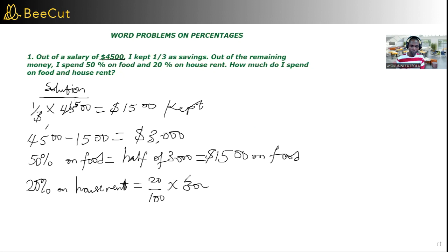Cancelling the zeros, 2 times 3 is 6, then the zeros that are remaining. That's going to be $600. So I've solved the question. This is on food, this is on rent. So that is how to tackle such a question.